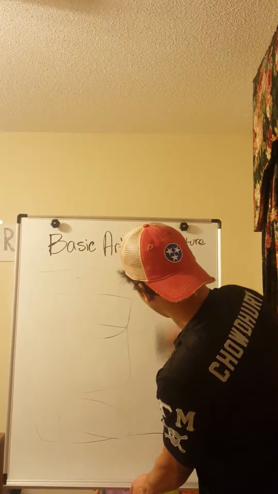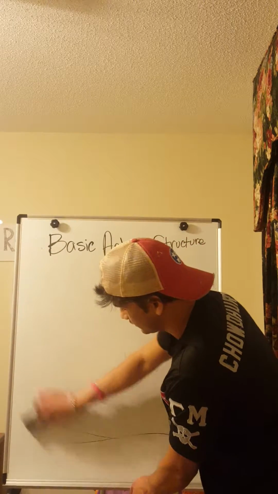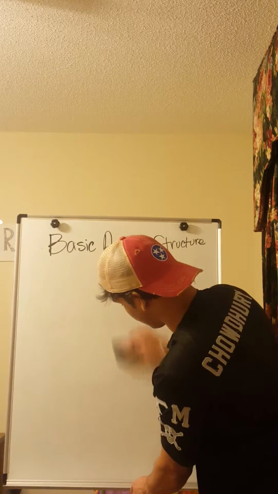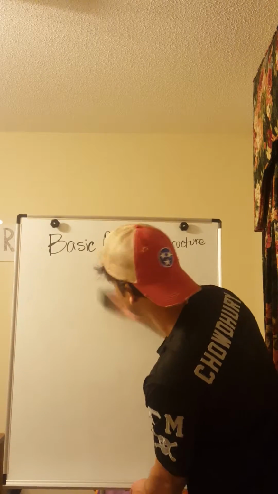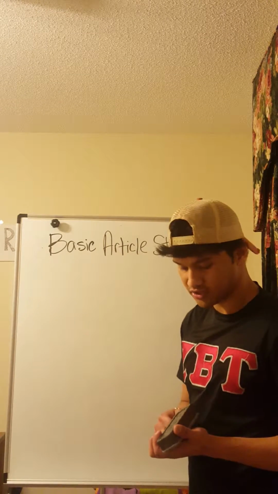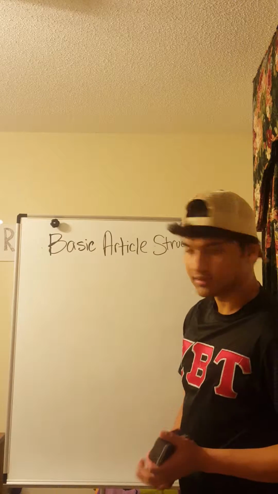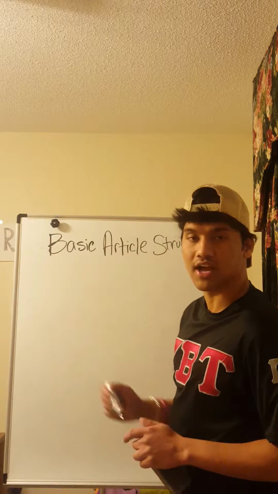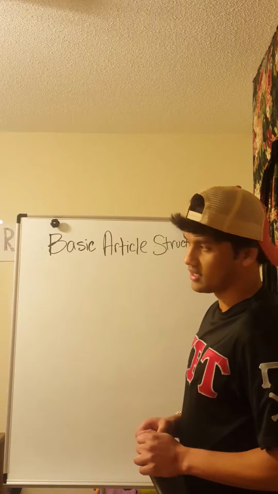So, when I write a pitch for a site, here's how I write mine. The first thing I do before anything else is I do a lot of research to figure out what this publication actually accepts. I research to figure out which section of this publication I want to get published in. Is it the science section?